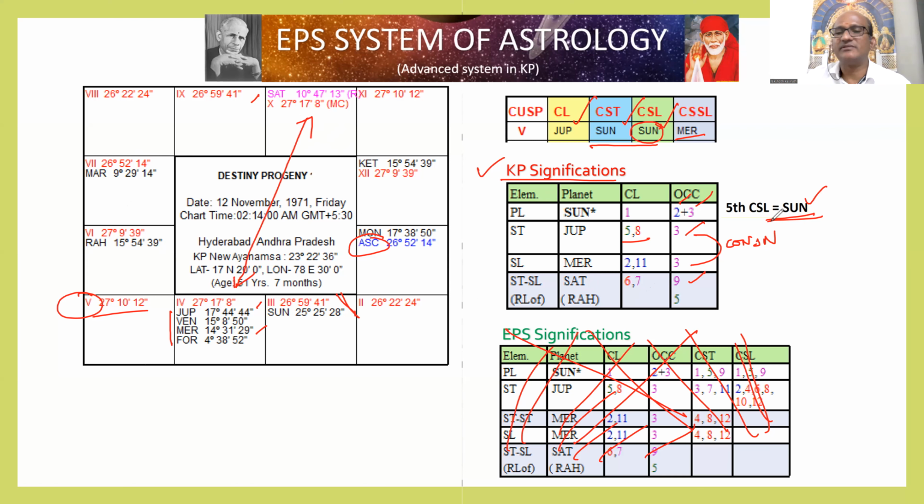Now, as per our KP, if you take that destiny, how the destiny prospects for the child, for this person, if you take it, yes, that is 1, 2, 3. The star lord is 5, 8, and 3. The sublord is 2, 11, and 3. So we can see that 2 is there, 5 is there, 11 is there, third house, and also ninth house, favorable houses for the progeny.